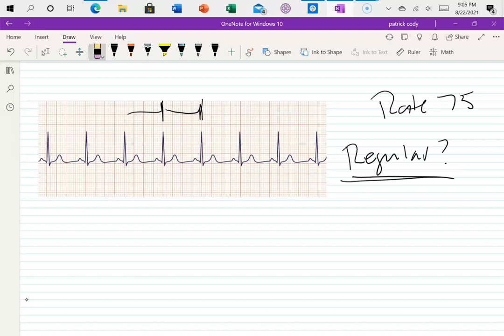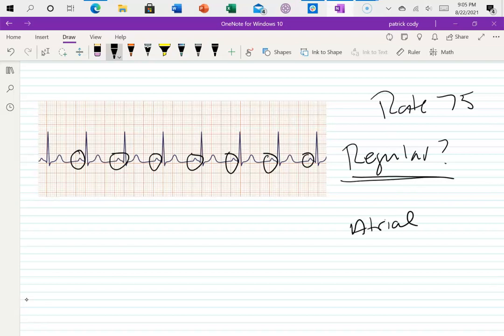The other thing I want to point out to you is that in this particular case, there's a P wave in front of every QRS complex. And if you have a P wave in front of every QRS complex, that implies that this is an atrial origin.